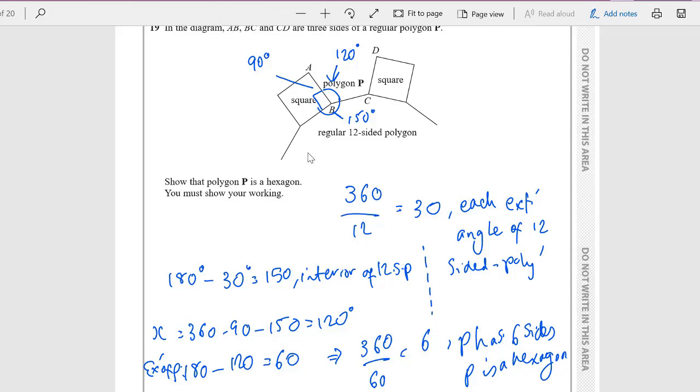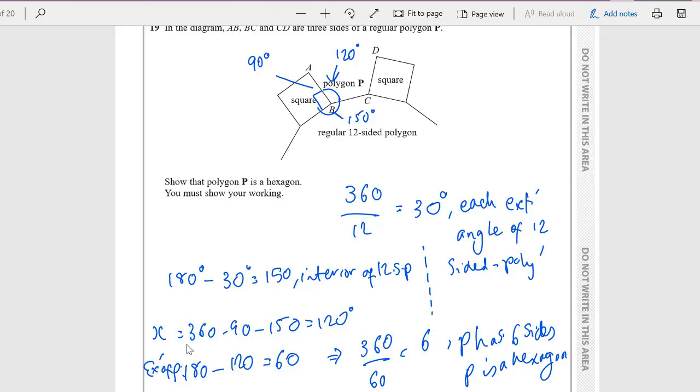So just a recap. As a 12-sided polygon, if we divide 360 by 12, we will know that the exterior angle of a 12-sided polygon is 30. And then the interior is going to be 180 minus 30, which is 150.